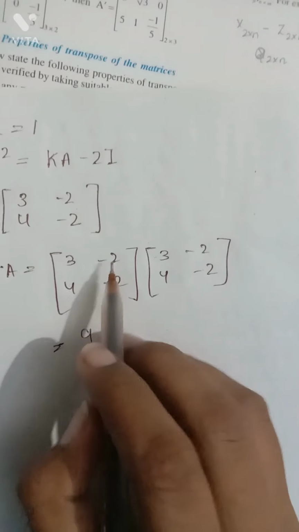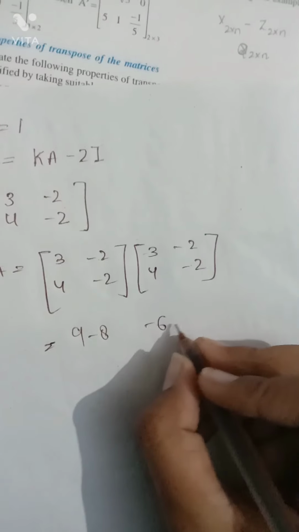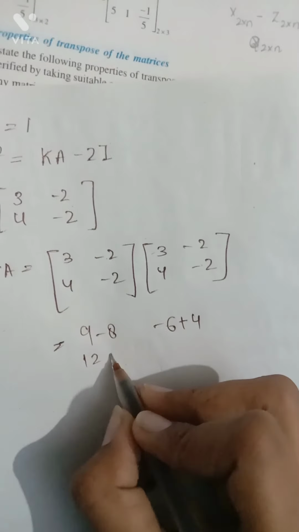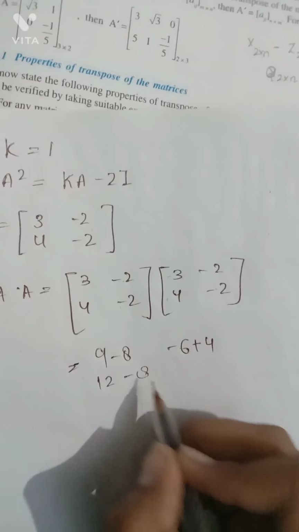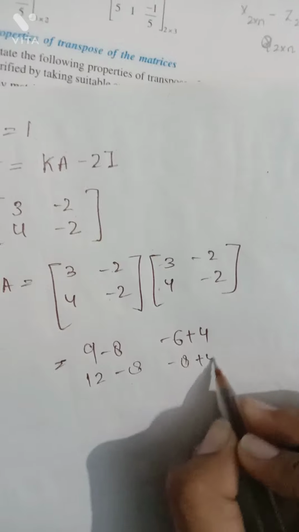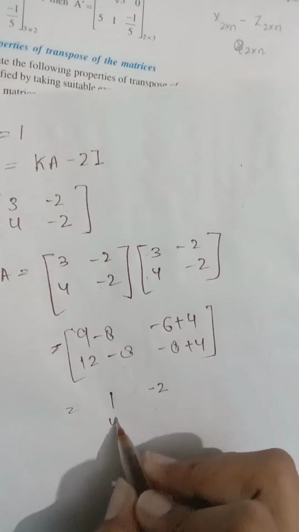So A square is 3 into 3 is 9. It is minus 8, minus 6, plus 4, 12, minus 8. It is 4 into minus 2 is minus 8, and it is plus 4. We will get 1, minus 2, 4, and minus 4.